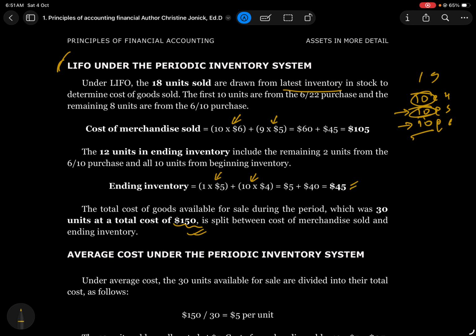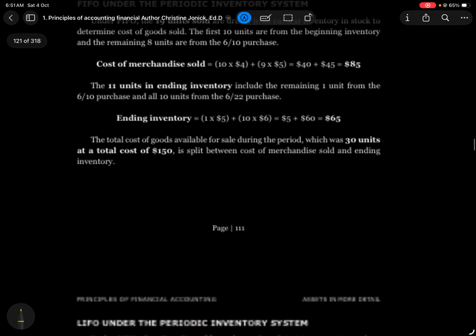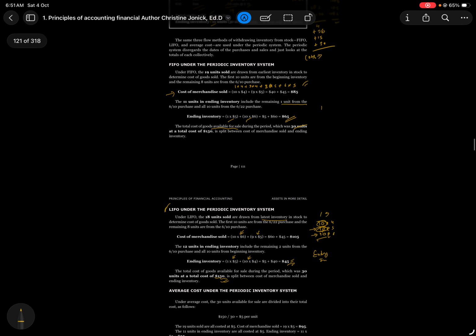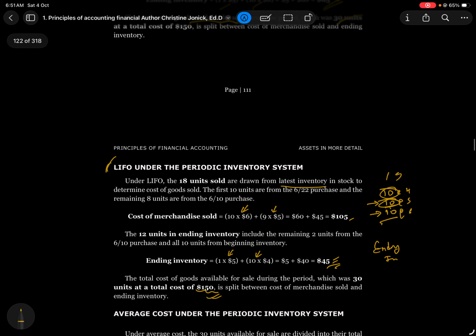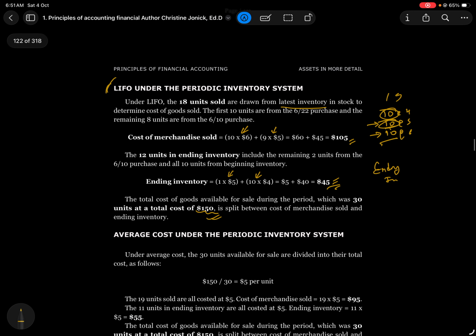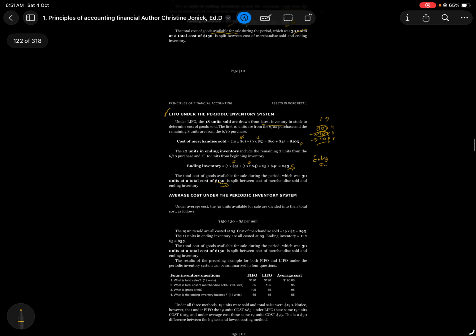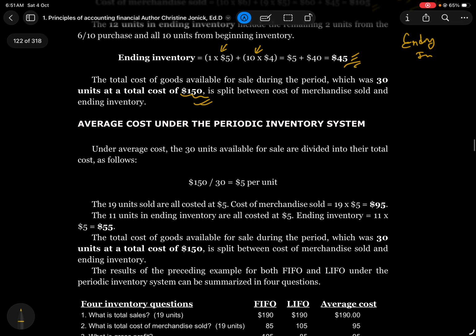Only change is your ending inventory. It's 45 over here. Over here is 65, right? COGS is also changed because of the method chosen.